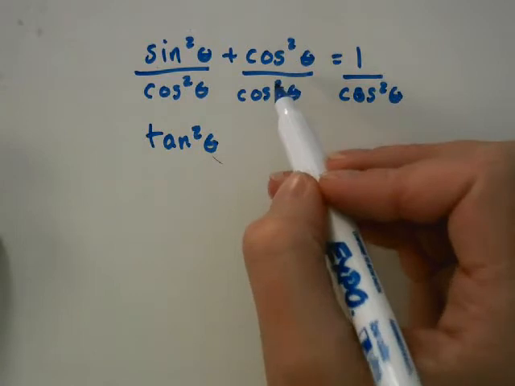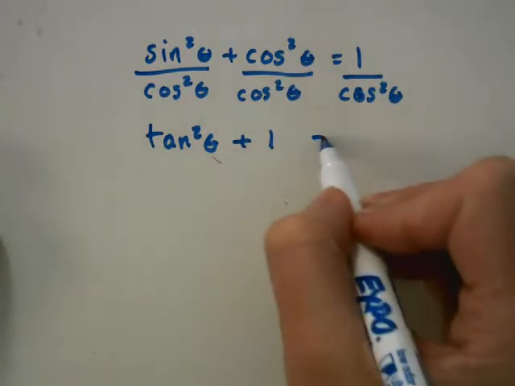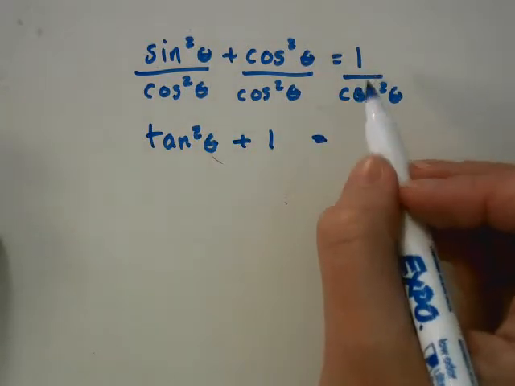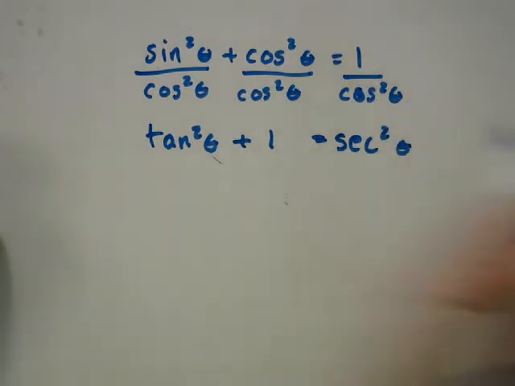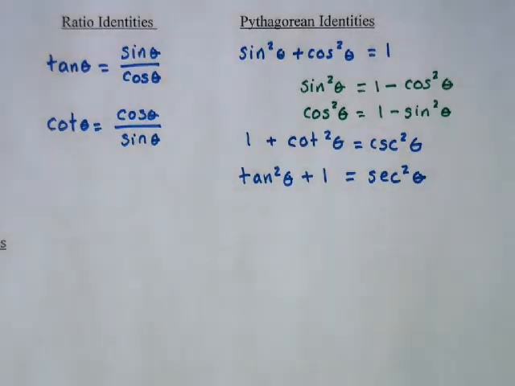Cosine divided by cosine is going to be 1. And 1 over cosine is going to be secant. So we add those to our list. So 1 plus cotangent squared equals cosecant squared, and tangent squared plus 1 equals secant squared.